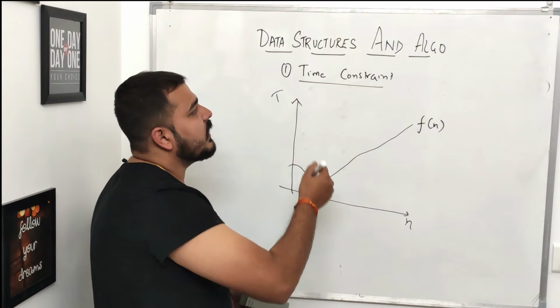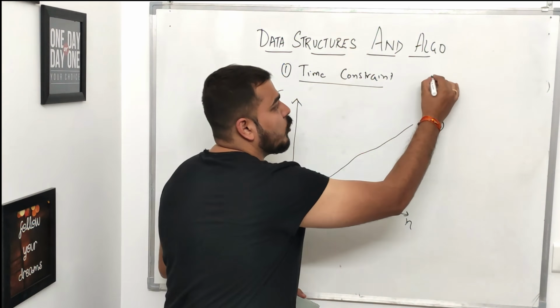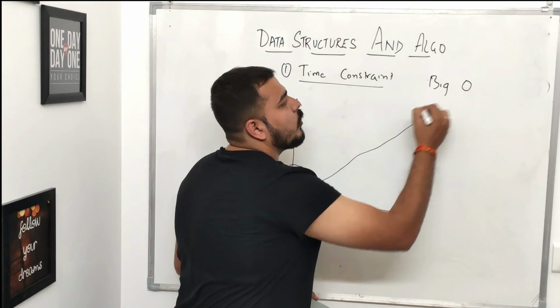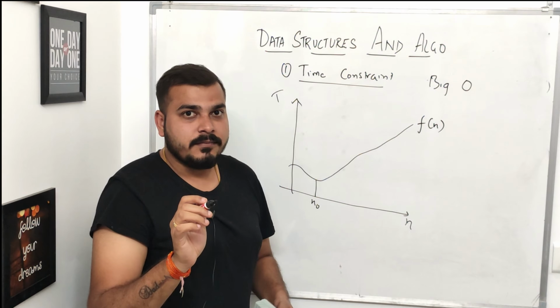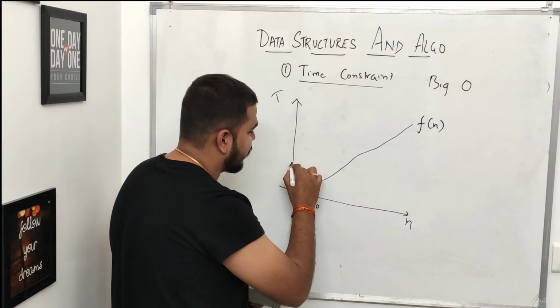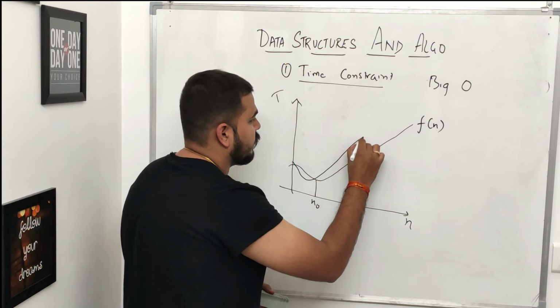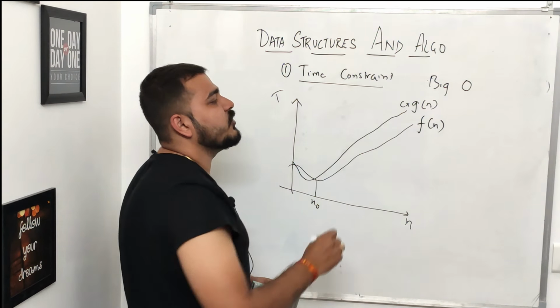Now if I consider the asymptotic notation, that is big O notation, I told you there will be a function. If I try to draw it, it will look something like this, mentioned by C multiplied by g of n.